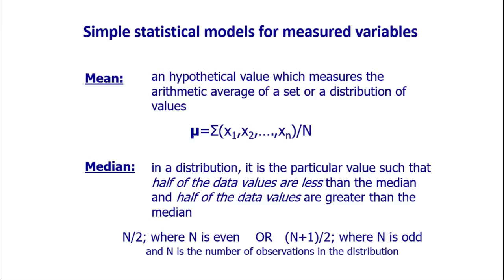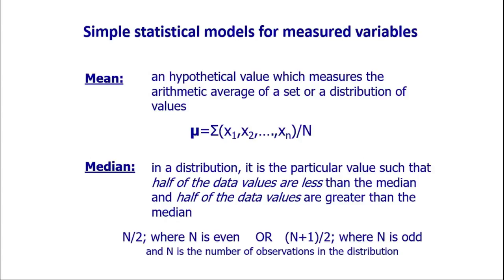Now the median in a distribution is the particular value such that half of the data values are less than the median and half the data values are greater than the median. So in other words, it's the midpoint of the data set. Slightly different than the mean, because we're not actually adding the values up, we're looking more at a location.